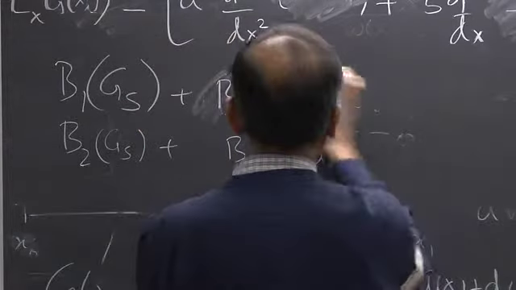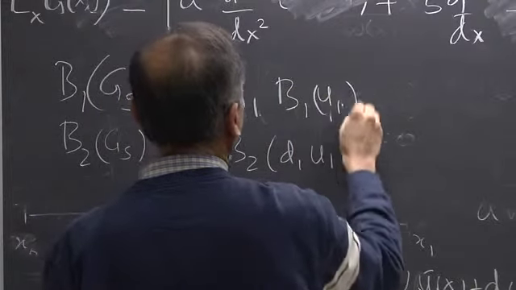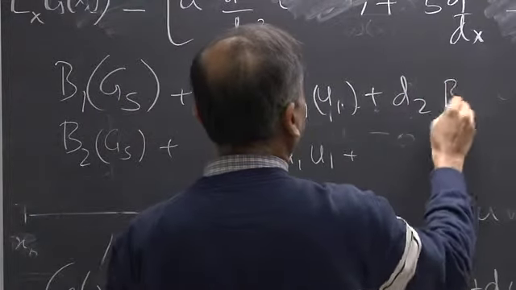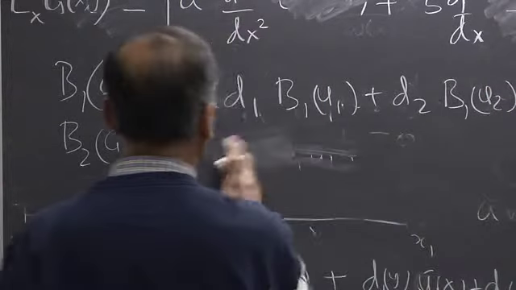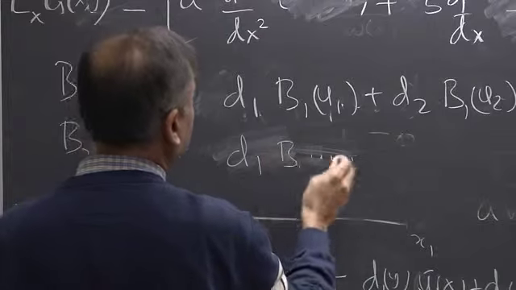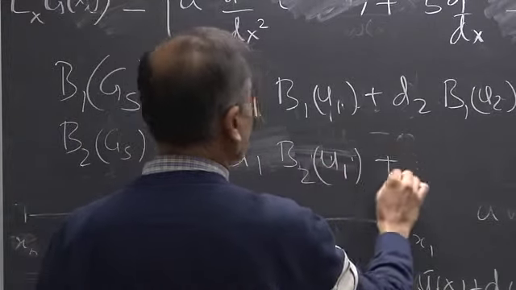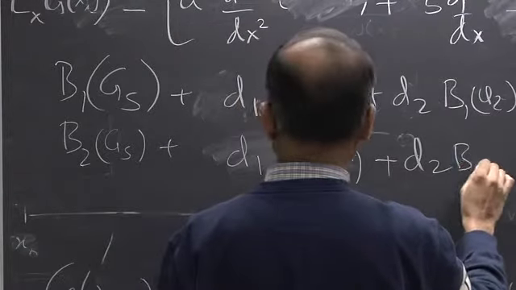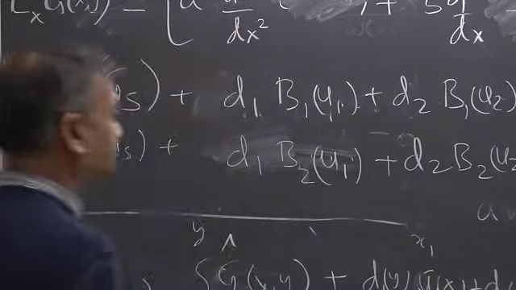Again, I can use linearity, so you get d1 B1 u1 plus d2 B1 u2 equal to 0, and again by linearity, d1 B2 u1 plus d2 B2 u2 equal to 0.